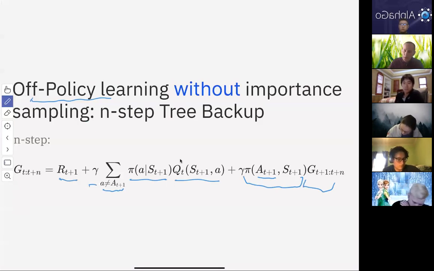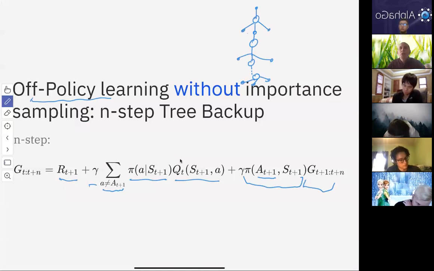So what we end up with is a tree where we have a bunch of actions that were not taken. And we use the probability that we do know, because it's assumed we know pi, but we don't have to know b.